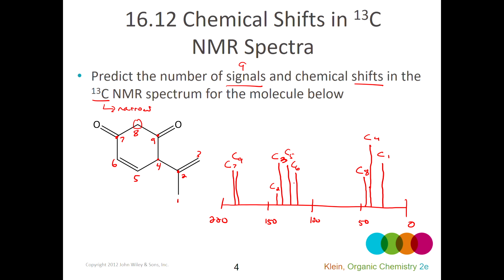So I should be able to see 9 distinct signals, 2 around 200, 4 between 100 and 150, and 3 between 0 and 50. Any questions about that one?